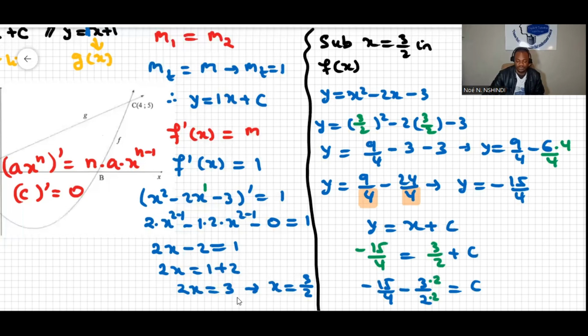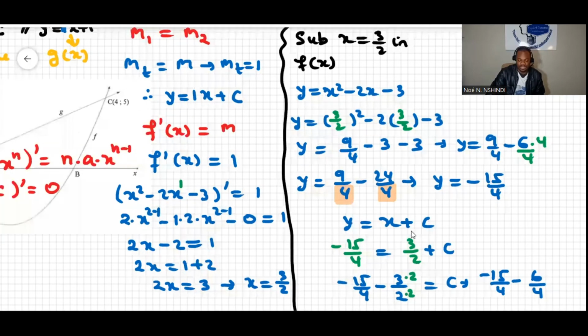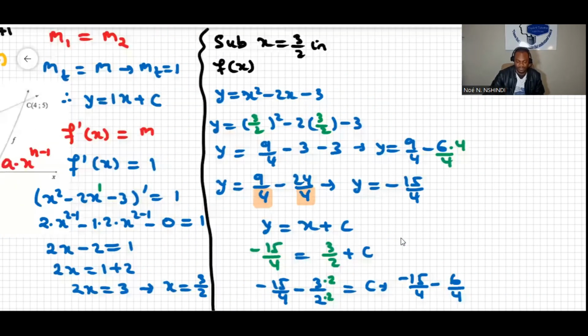So this will be negative 15 over 4 minus 6 over 4, equal to c. That will make negative 21 over 4 equal to c.